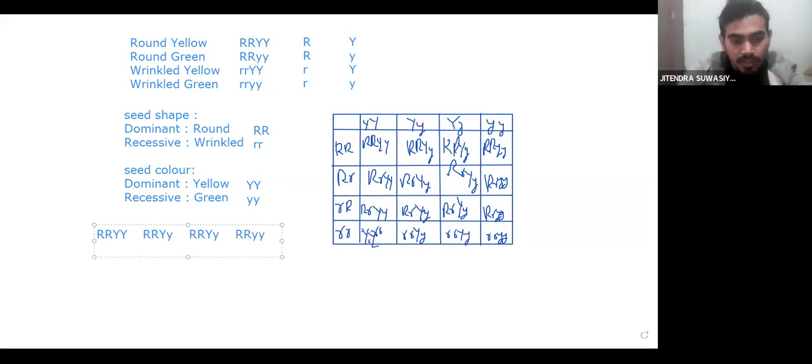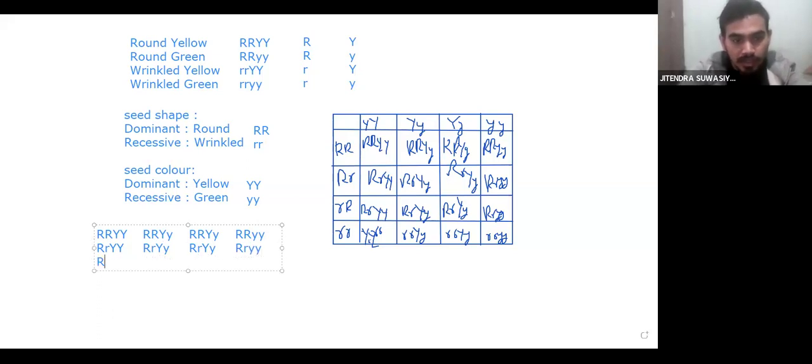Again, capital R, small r, capital Y, capital R, small r, capital Y, small y, capital R, small r, capital Y, small y, capital R, small r, small y, small y.